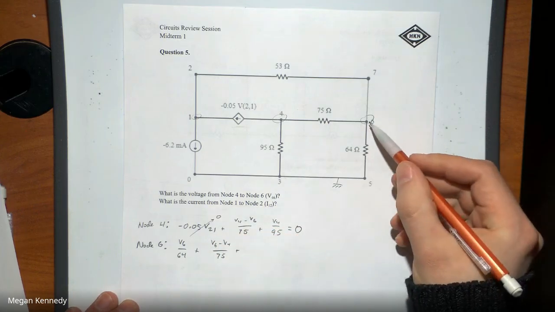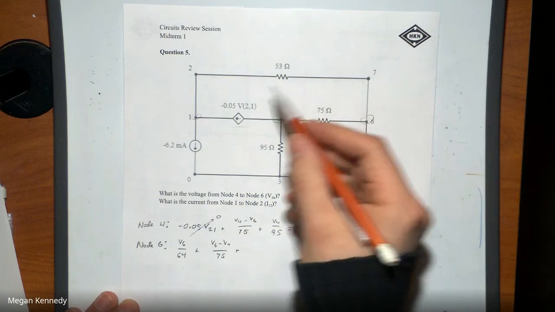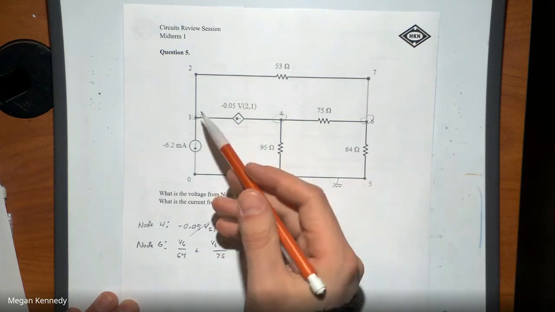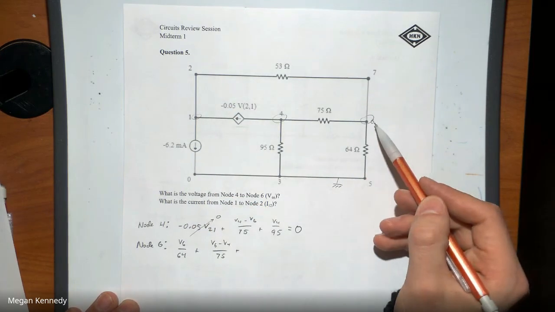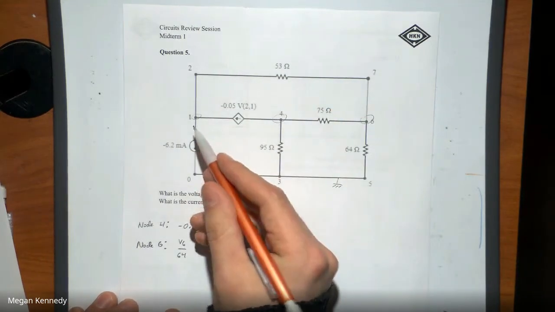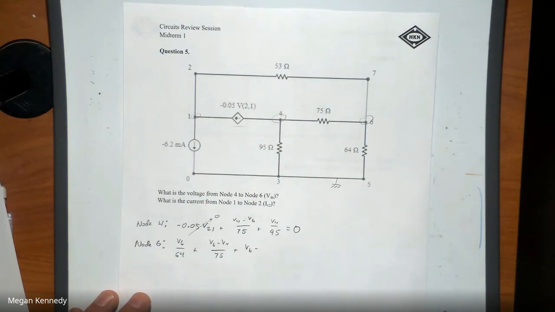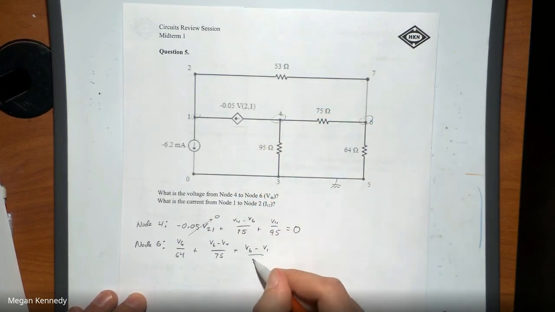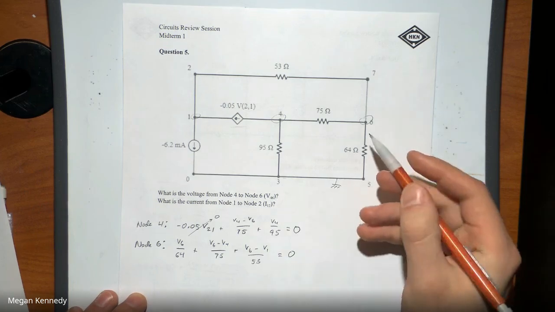And we'll have the current flow from 6 to 7 to 2 to 1. Since 6 and 7 are at the same voltage and 2 and 1 are at the same voltage, this will be the same as V6 minus V1, because I really only care about the node voltage at 1, divided by the resistance in that path, so 53. And all of that is going to equal 0 from KCL.